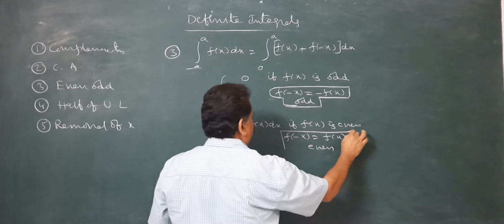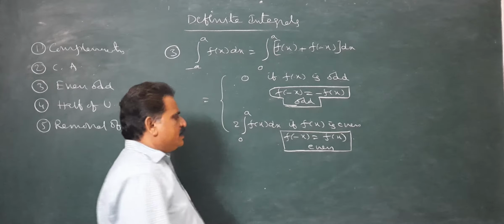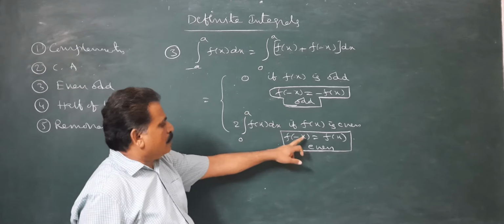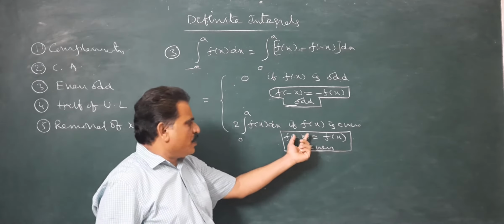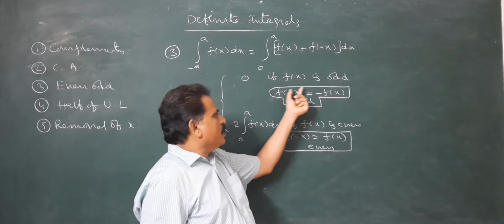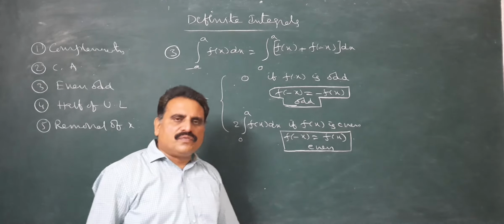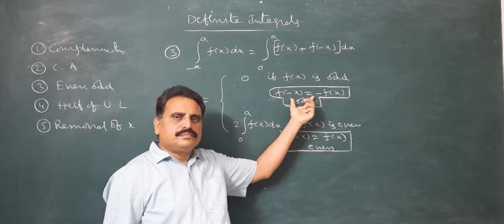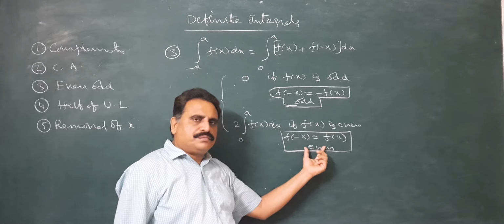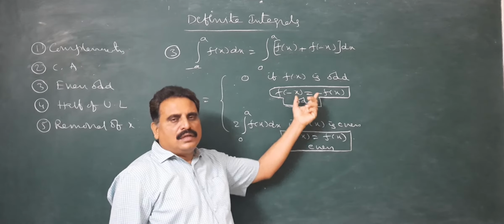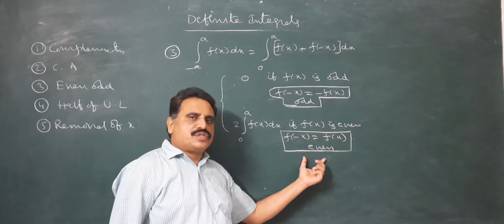If you substitute minus x in place of x and there is no change, f(minus x) is the same as f(x), that is even. f(minus x) equal to minus f(x), that is odd. For example, sin x is an odd function, cos x is an even function, x cube is odd, x power 6 is even.